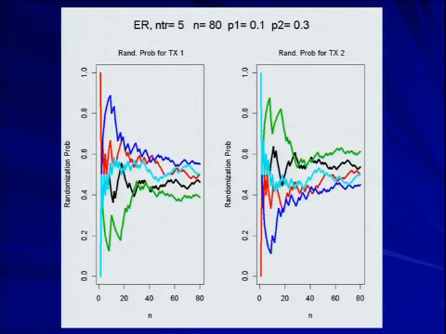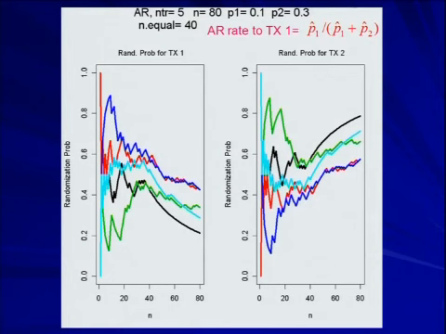As you can see, it is a mirror image; they converge to 0.5. If you do adaptive randomization using P1 hat over P1 hat plus P2 hat, then the probability of randomization into the inferior arm decreases over time, and on the contrary, the probability of randomization to the better arm increases over time.